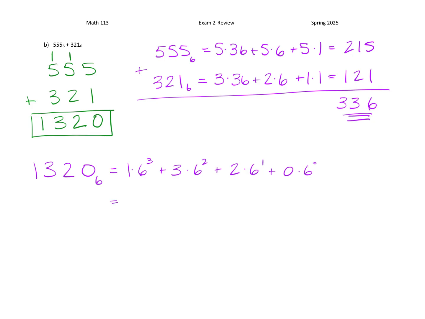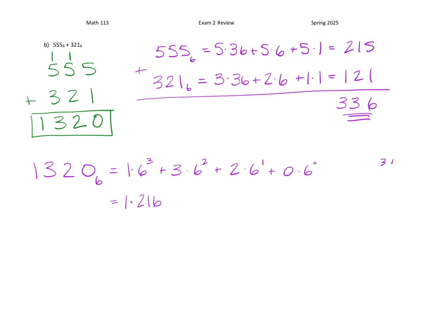Okay. So 6 cubed, that's 36 times 6. So you can either figure it out in your head or write it off to the side, 36 times 6. So 6 times 30 plus 6 times 6. So 6 times 30 is 180 plus 6 times 6, 36. That's 216.